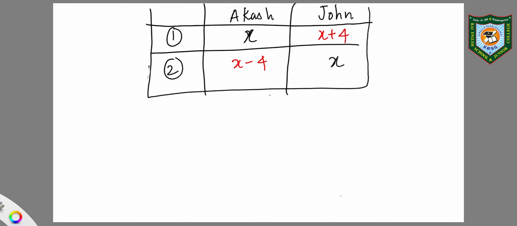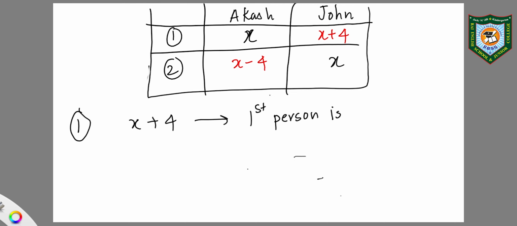Now in case 1, Akash is younger than John, therefore I have X plus 4. That means the first person, or the primary person, is smaller in age, or you can say younger in age.